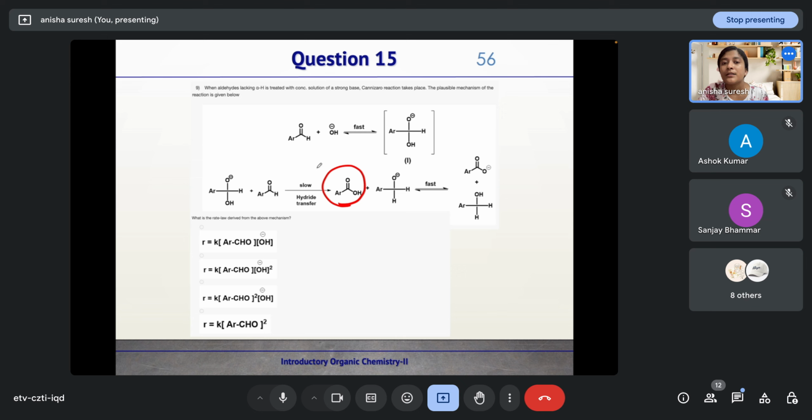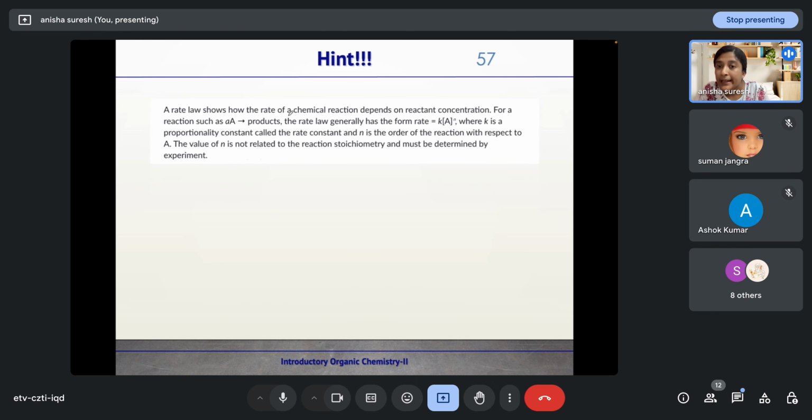Okay, so what is the rate law derived for the above mechanism? C. C is the right answer. So we will see how we are deriving the rate law. A rate law shows how the rate of a chemical reaction depends on reactant concentration.